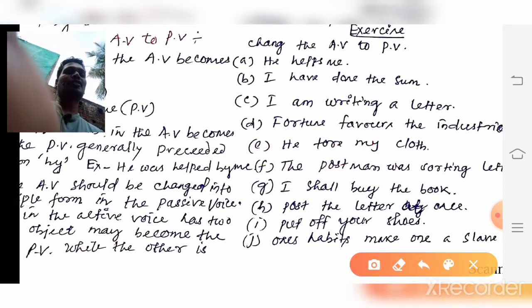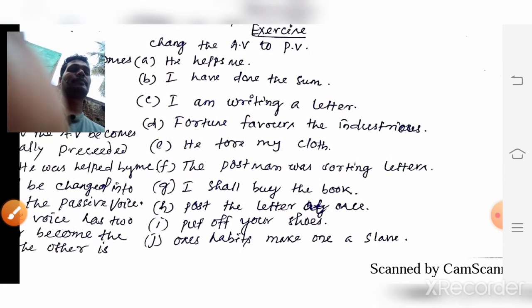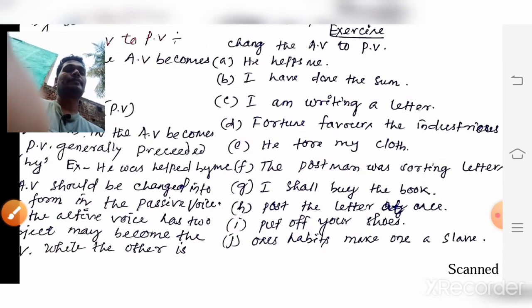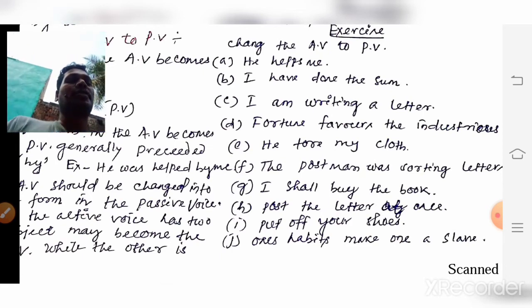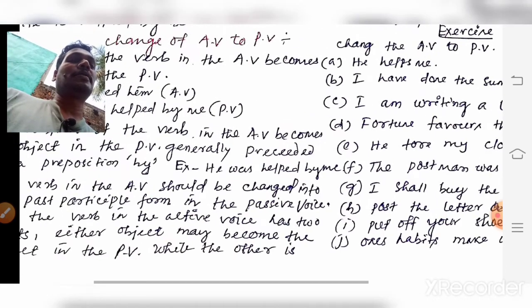Then another example or sentence. The postman was sorting letters. This is the AV form. What is the subject? The postman.